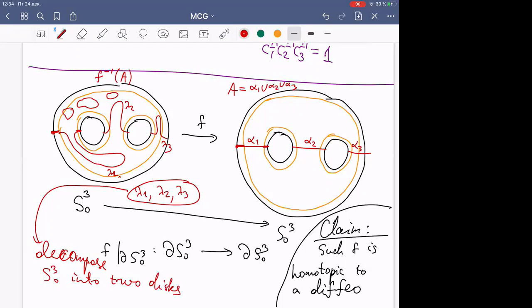It's an easy assertion. If we have a sphere with 3 holes, and we connect the first hole with the second, the second with the third, and the third with the first by pairwise disjoint simple arcs, then of course the complement is 2 disks. Hence, all these other components, if they exist, are homotopically trivial.